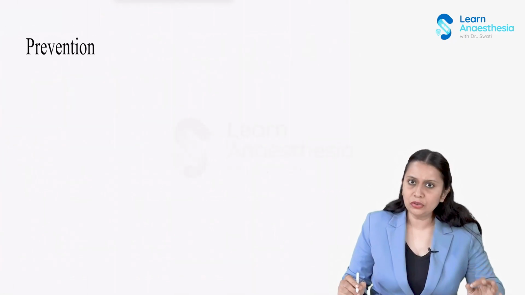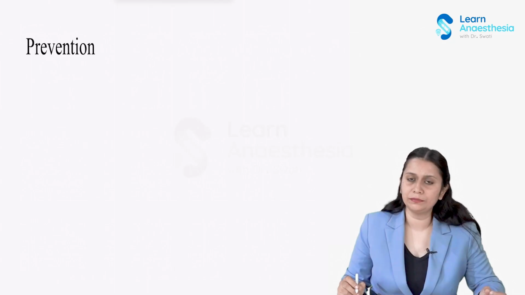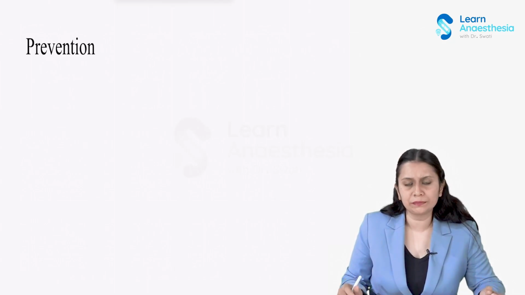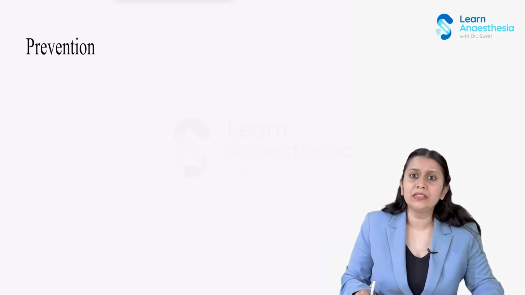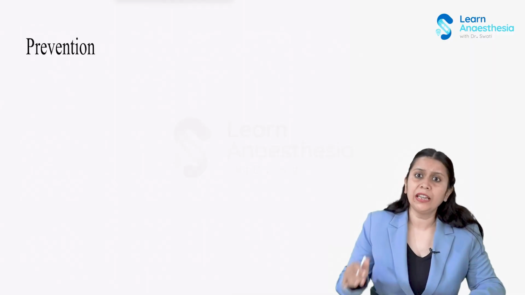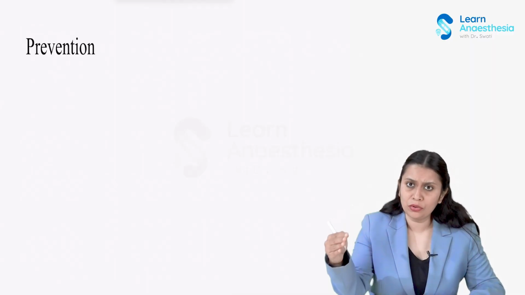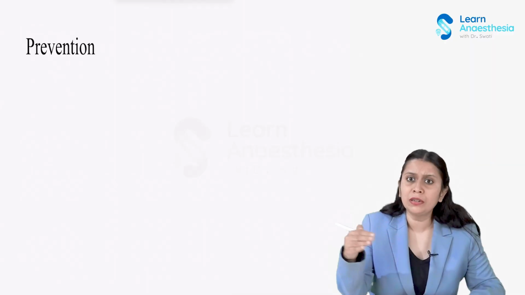Now let us talk about prevention, very important. VAP is associated with high morbidity and mortality. And as we discussed, there are some risk factors which are modifiable. If we modify those risk factors, the incidence would decrease.